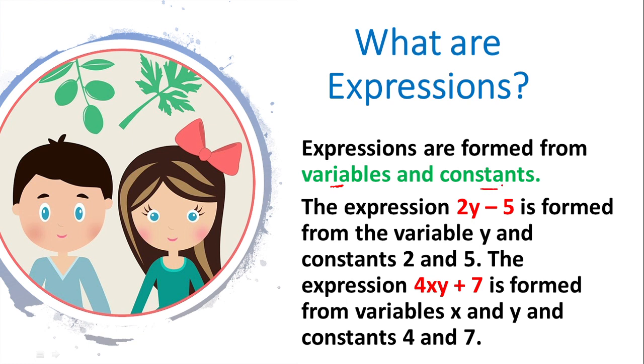It can be 1, it can be 0, it can be 100. It can be any number. Any number which is having a fixed value will be called a constant, which never changes. 100's value will stay 100 only. You go to any place, you check it at any time, its value is going to be the same. So that is nothing but a constant. So any number will be termed as a constant.